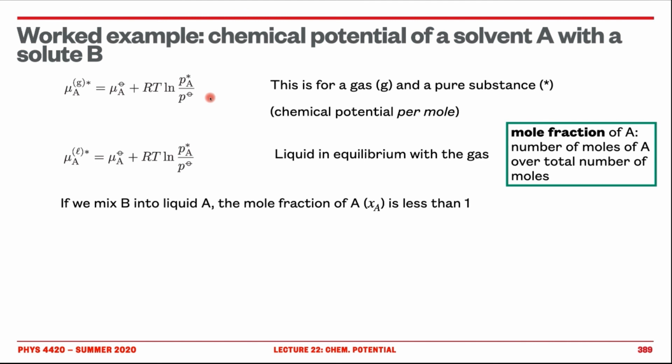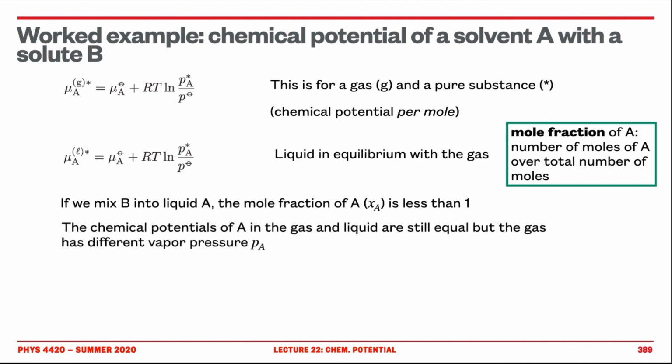It is the number of moles of that molecule compared to the total number of molecules. But since the only molecules are A, the mole fraction for those pure substances is 1. If I add something to the solution, automatically XA will go lower than 1, okay? And we are going to increase XB, and of course XA plus XB will be equal to 1 because we have the total molecules there, okay?